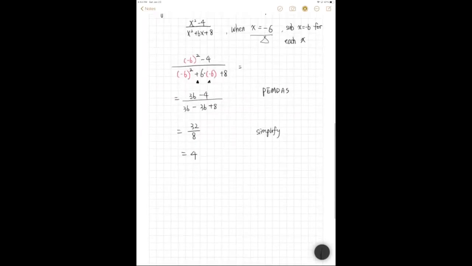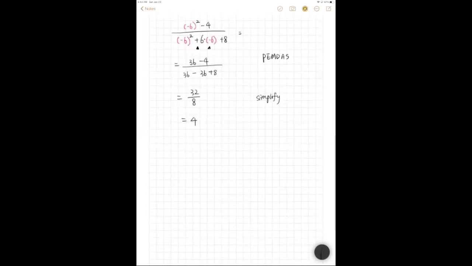Okay, now let me give you another example. If I have x squared minus x plus 3 over 4x, this is a rational expression, and I want you to evaluate when x equals 1. What do you do? Similar idea, you just need to substitute every x with 1.